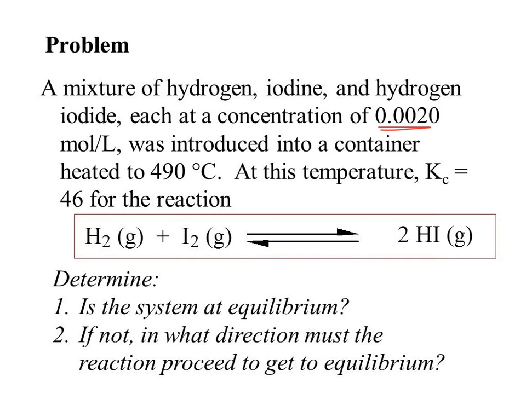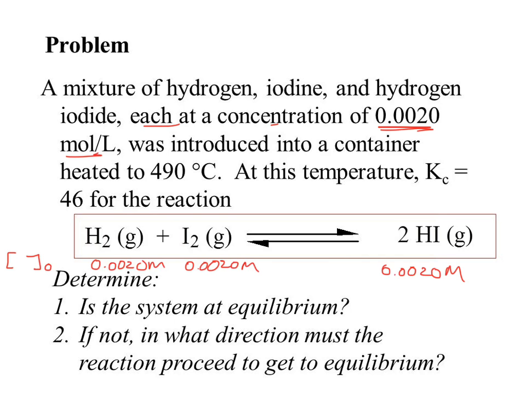I like to pull things out. Notice it says that each is at a concentration of 0.0020 molar. So under each of these, I might put 0.0020 molar. On the next slide, I'm going to put these as the molar concentrations at time 0.